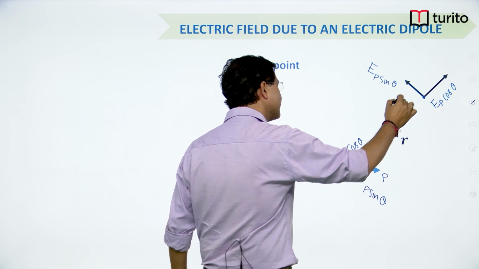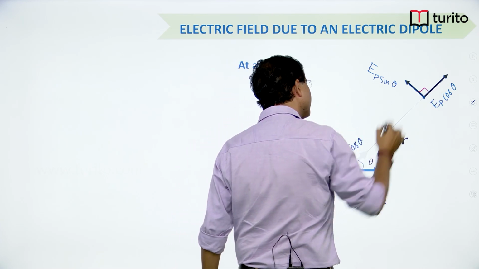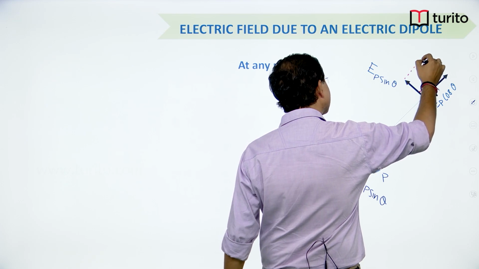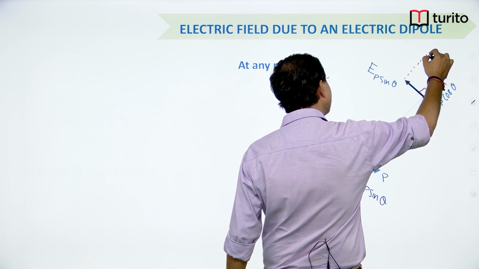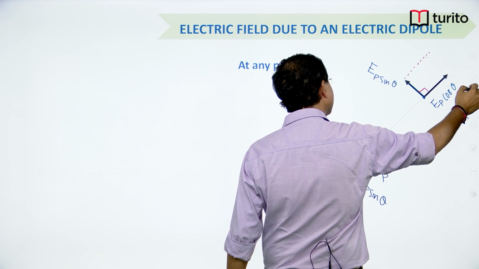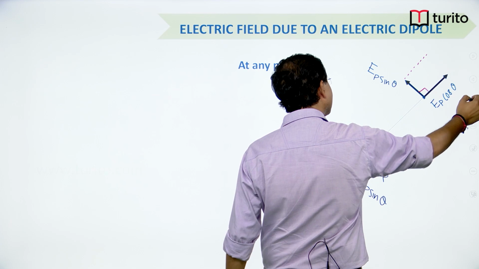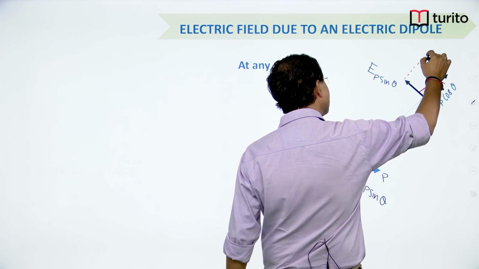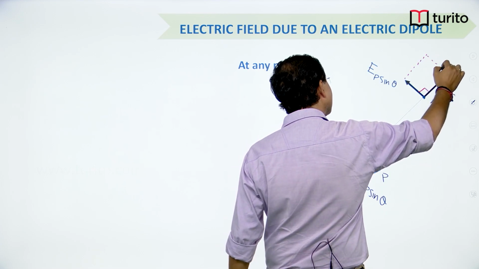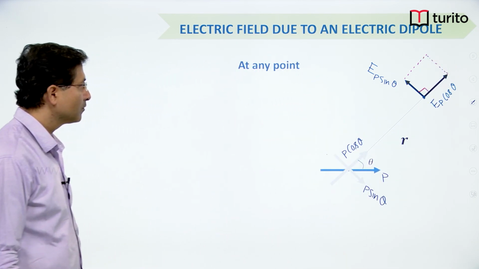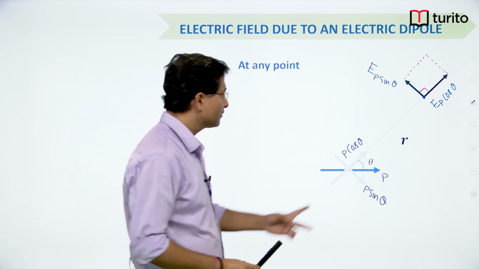This angle will be 90 degrees, right. So it will be something like this. If I draw the parallelogram, this will be the parallelogram.